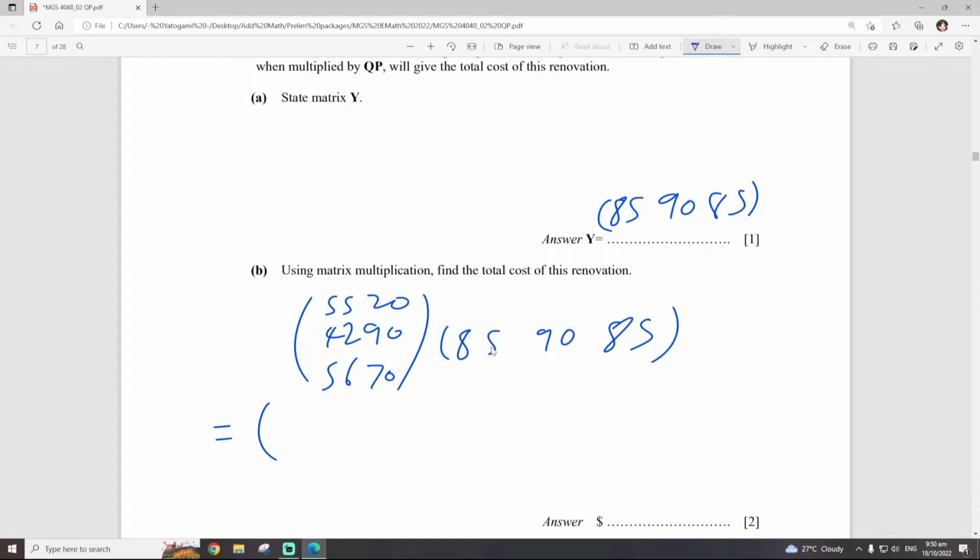And you can evaluate this product. Should be quite simple. You will get 1,337,250. So you just write down the number. It's a lot of money.